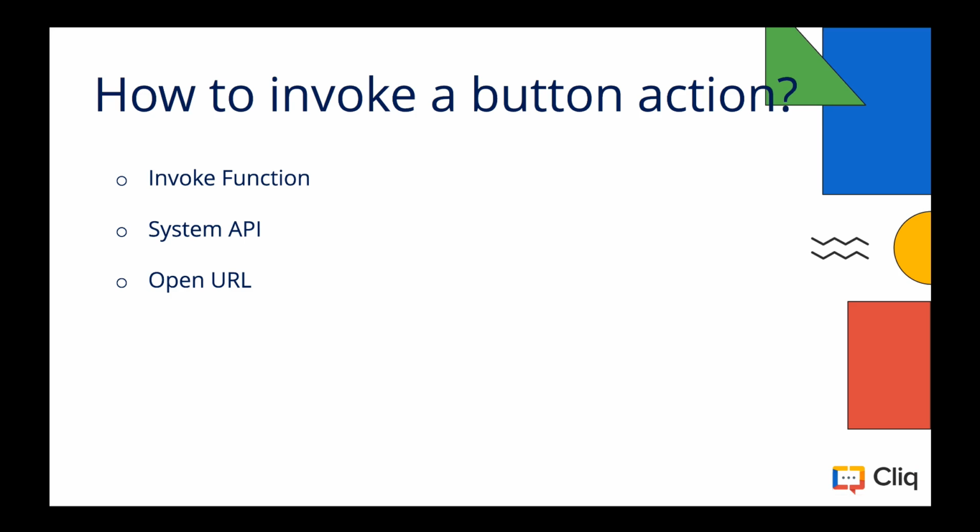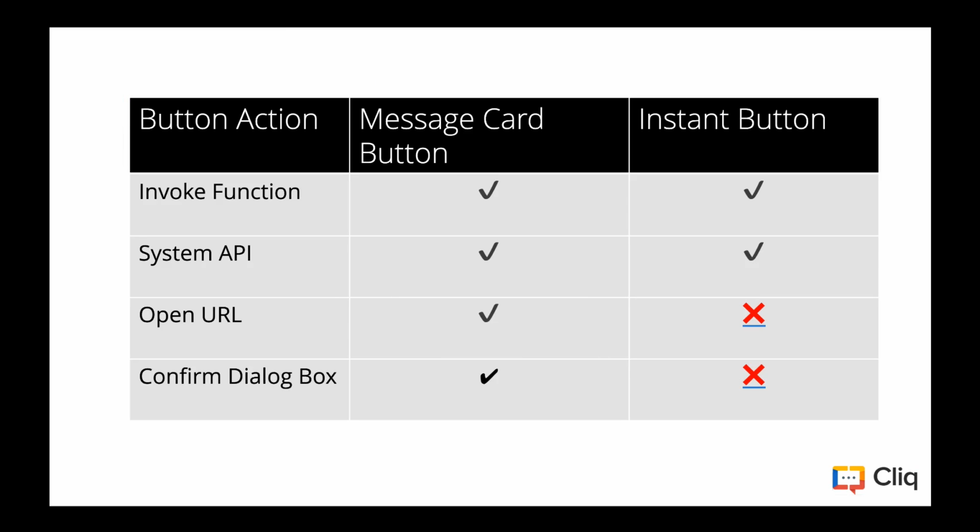The confirm dialog box can be considered as a subset of invoke function itself. So this will basically open a dialog box on clicking the button and works only with message card buttons. The table here specifies what actions work along with the button types. You can see that the open URL and the confirm prompt will not work with instant buttons as we discussed already.